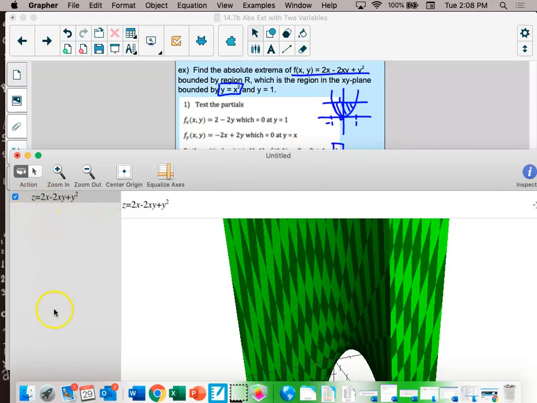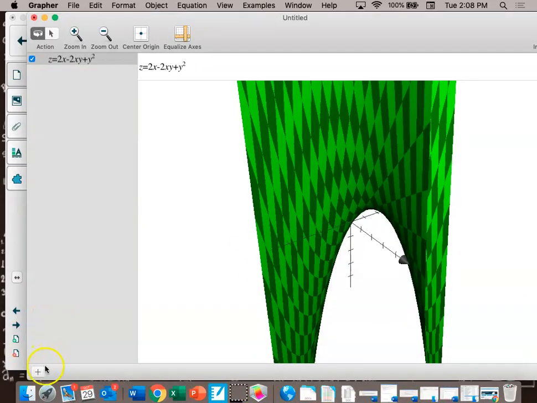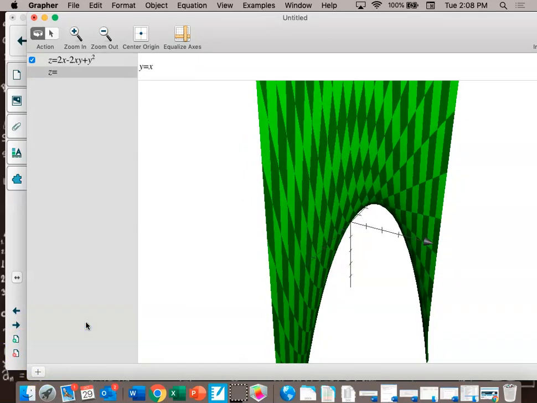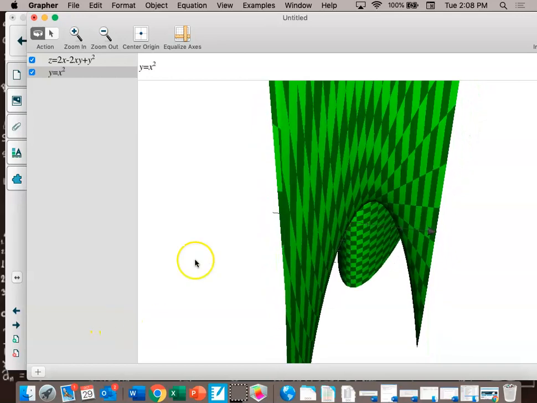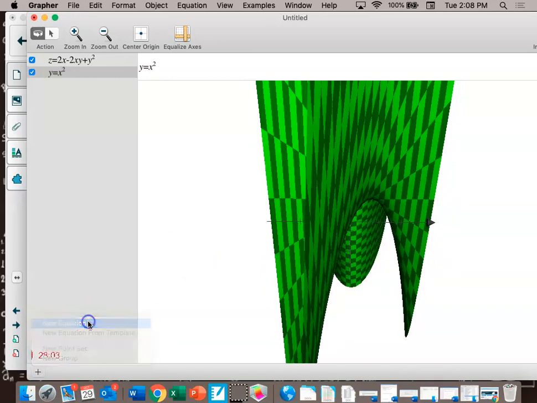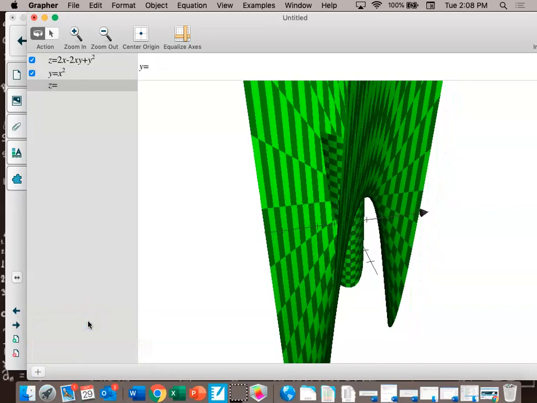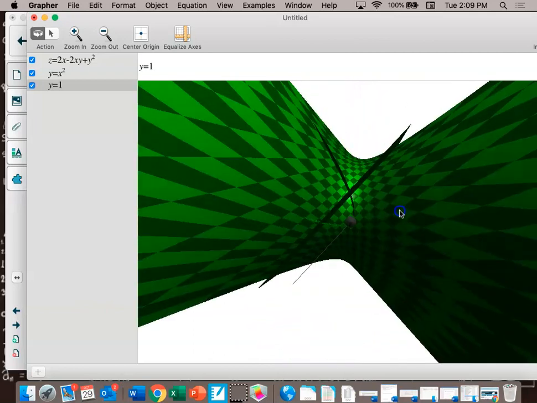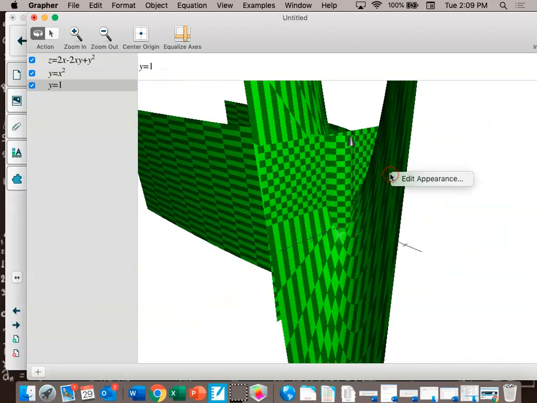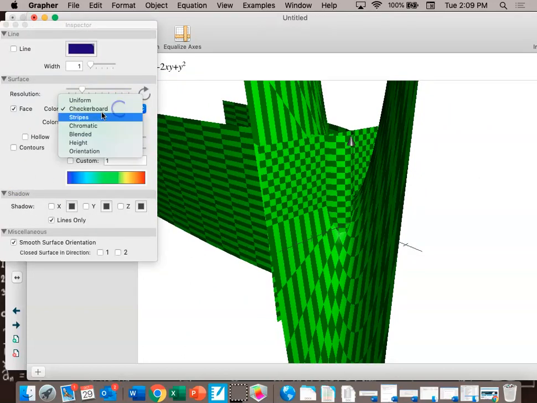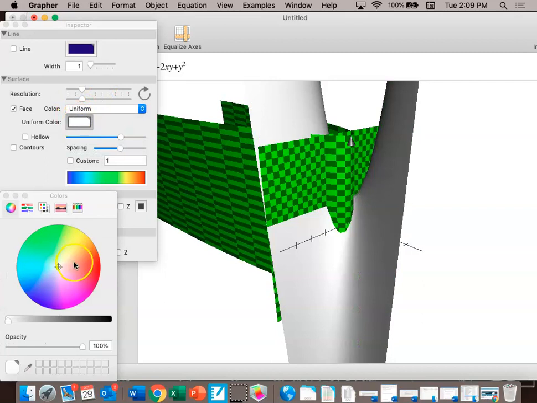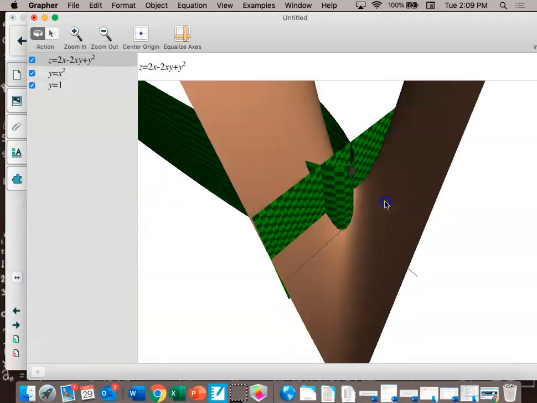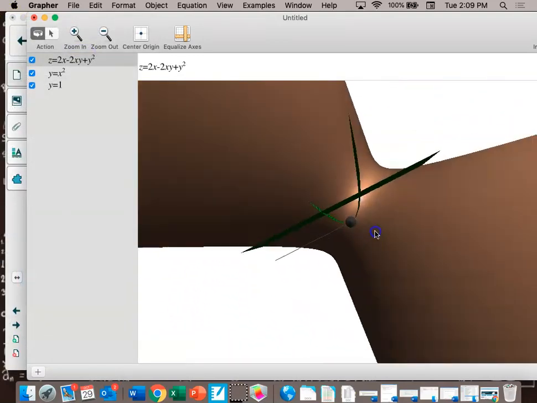Let me add a new equation. There. Oh, that's not bad. Because then you can see it kind of like that, right? So these are our boundaries.